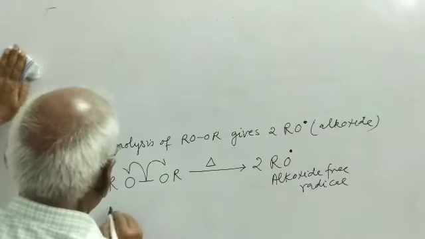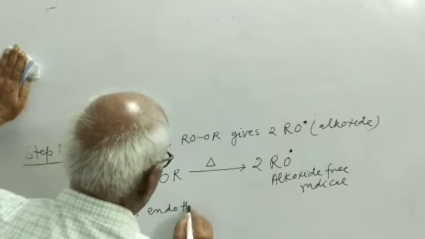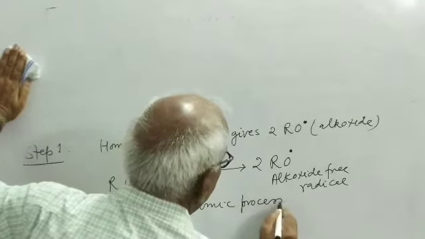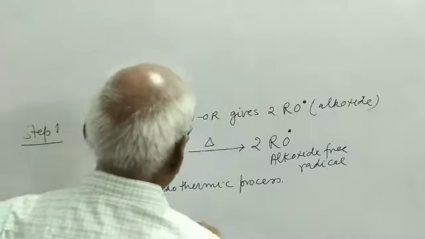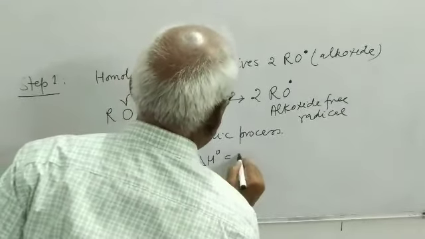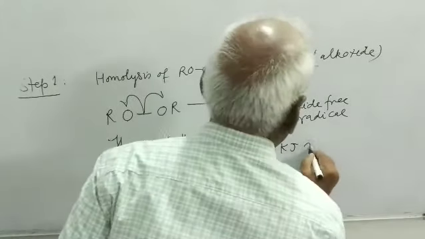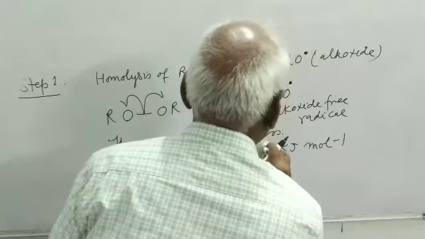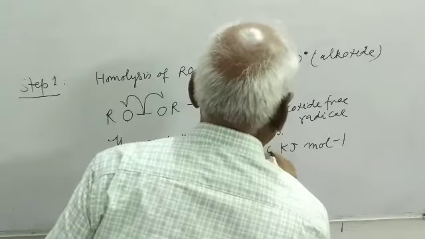This is an endothermic process. Delta H is equal to plus 150 kilojoule per mole. Energy is given, 150 kilojoule per mole.